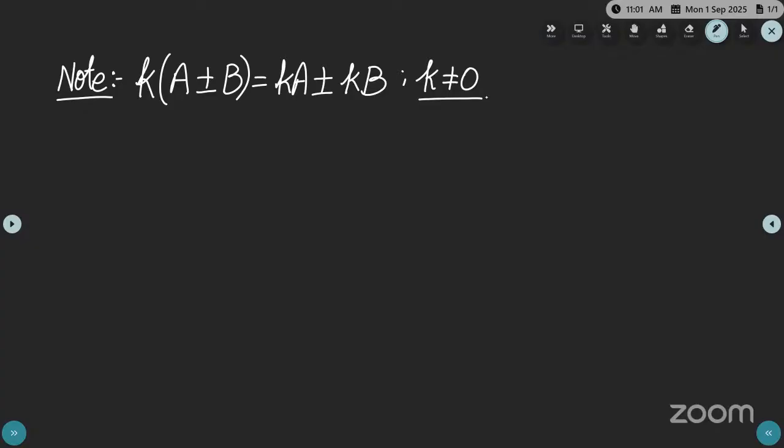Next, what is multiplication of matrices? Write down. Multiplication of matrices.